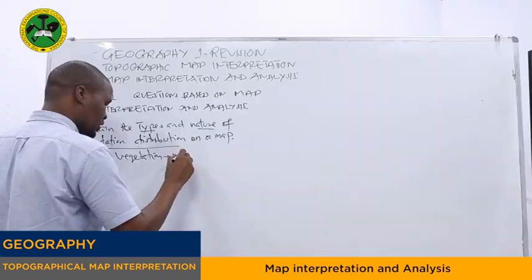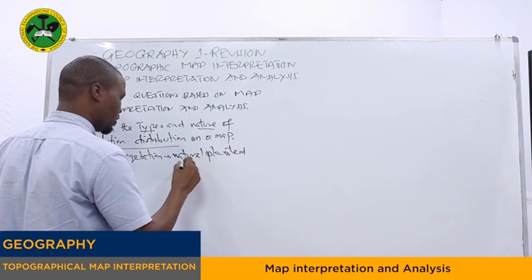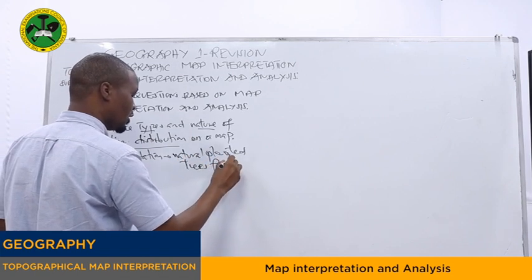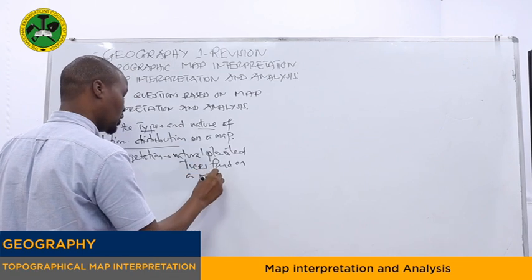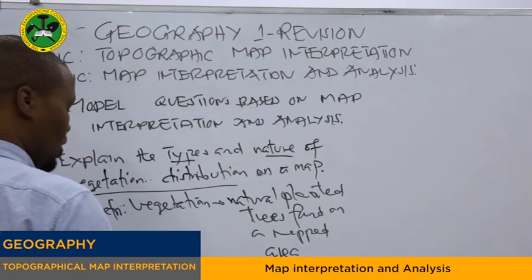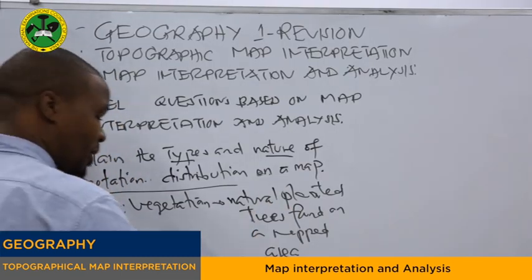So vegetation refers to the natural planted trees found on a mapped area. We have a lot of natural planted trees found on a mapped area.